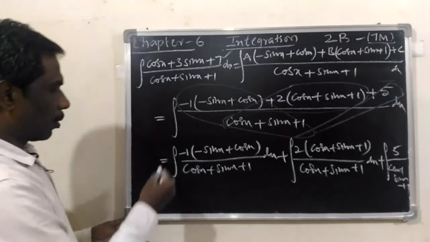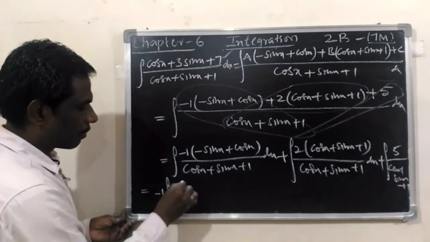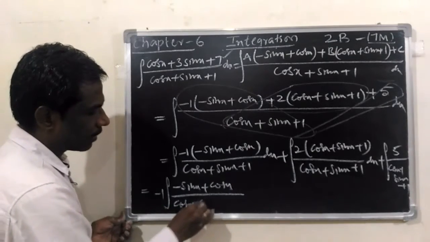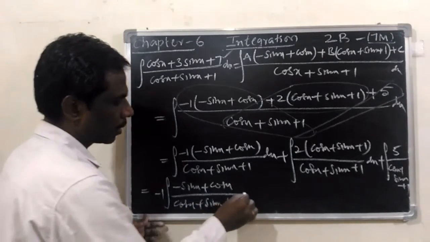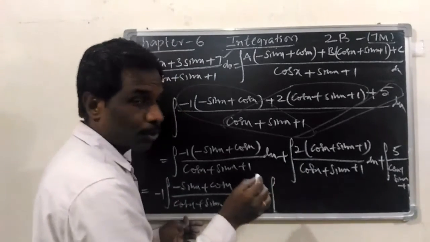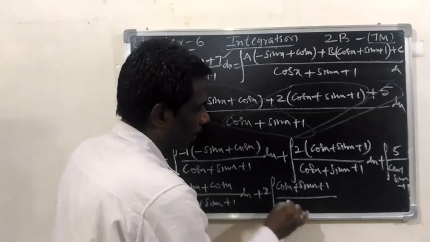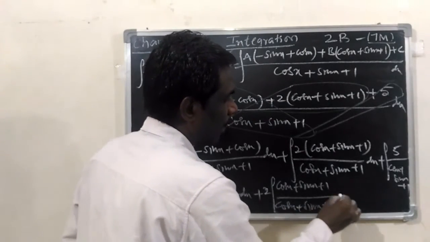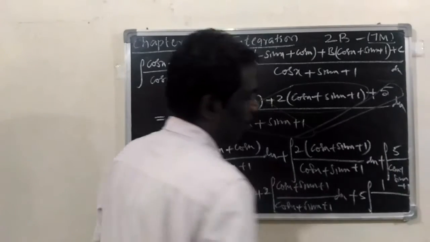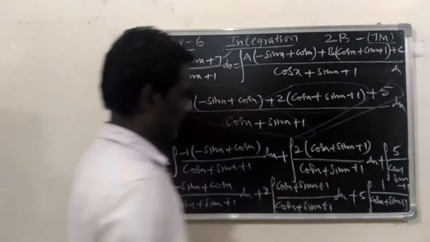See, now we can take these constants outside. So minus 1 integral minus sin x plus cos x by cos x plus sin x plus 1 into dx plus, write the 2 outside, 2 integral cos x plus sin x plus 1 by cos x plus sin x plus 1 dx plus, write the 5 outside, 5 into integral 1 by cos x plus sin x plus 1 dx.